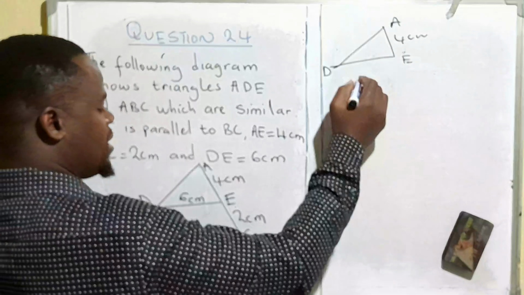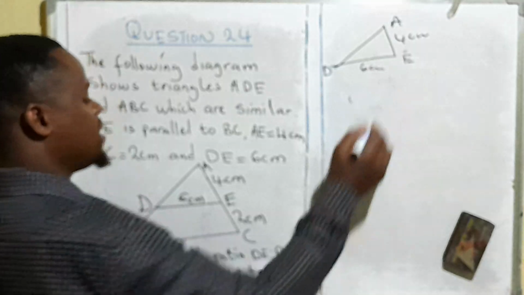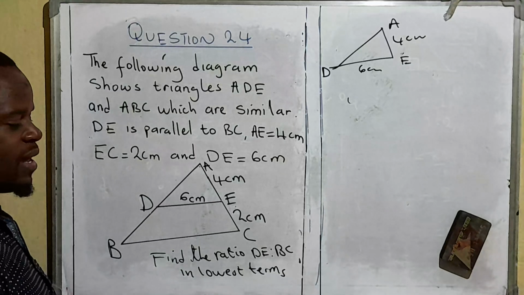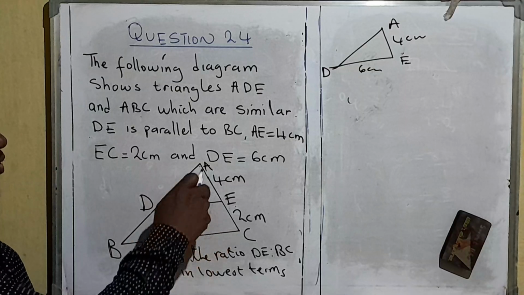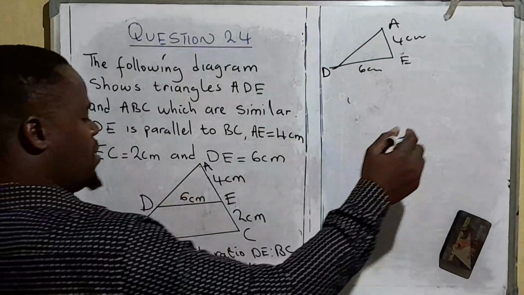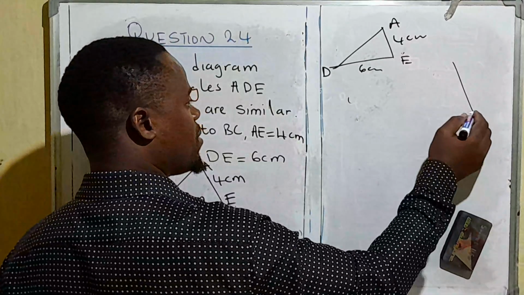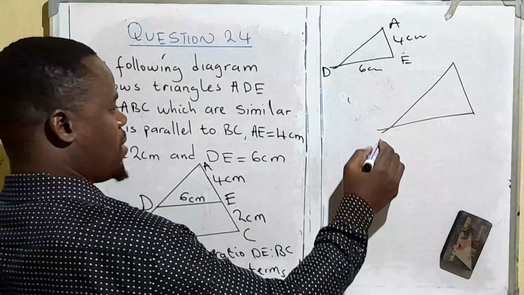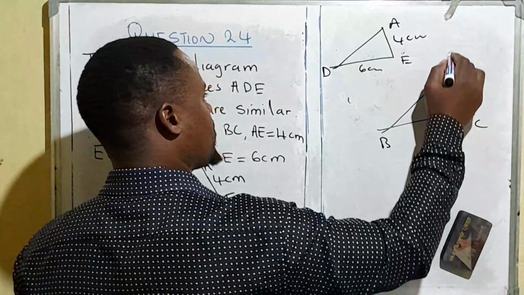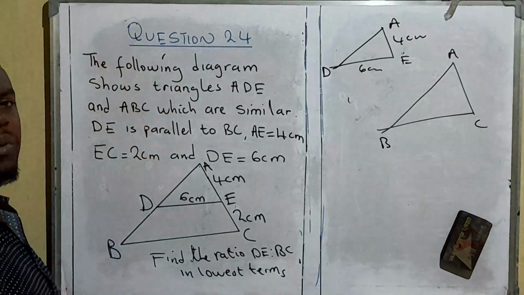Then from here to there, that's 6 centimeters. We can pull out the other one, right? We cover this line, or we actually remove it. So it's ABC. Let's plug in the values.